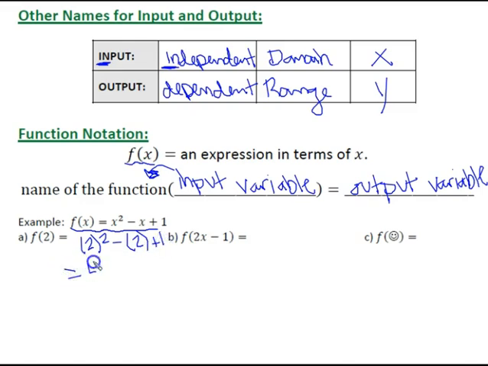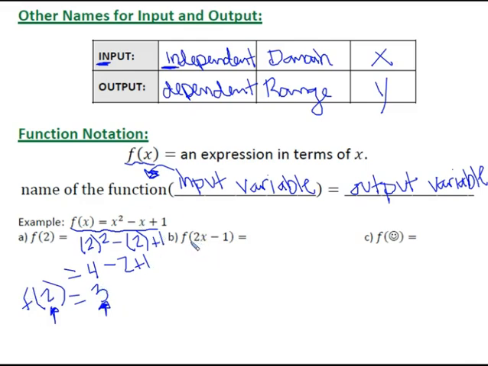So 2 squared gives us 4. We have minus 2 plus 1. 4 minus 2 gives us 2, but if we add 1, we get 3. So f of 2 equals 3. For this particular function f, okay, this one we had right here, whenever you input 2, your output is 3. These numbers are specifically related to each other.